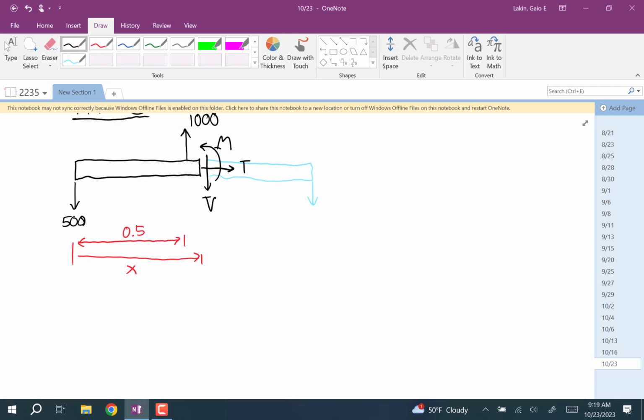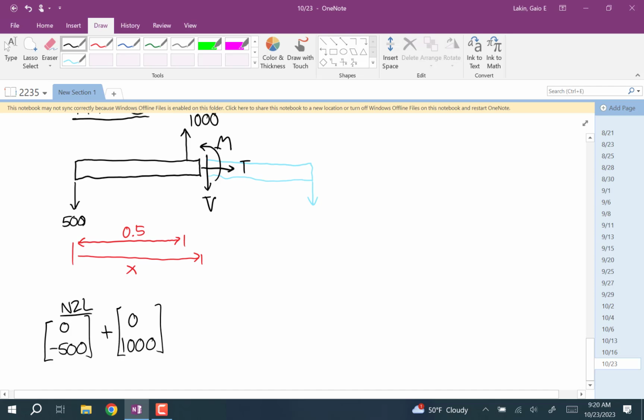Okay, so Newton's second law says 0, negative 500 plus 0, 1,000 plus T0 plus 0, negative V is equal to zeros.